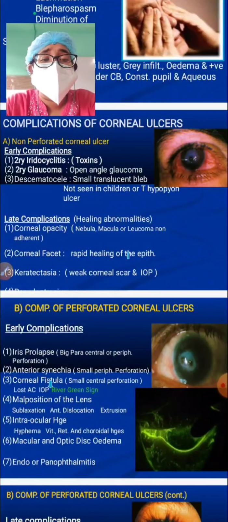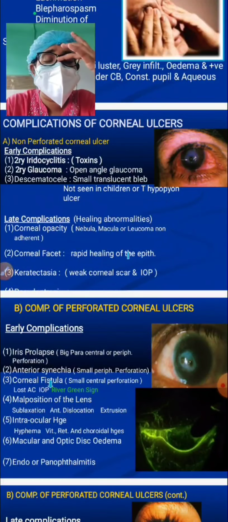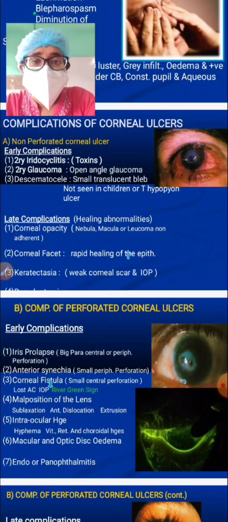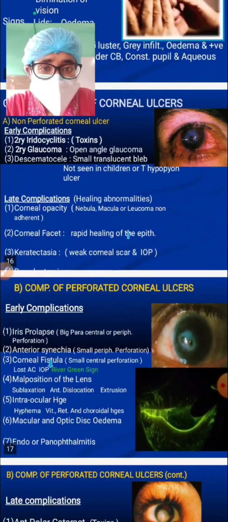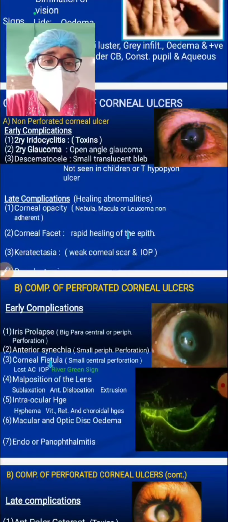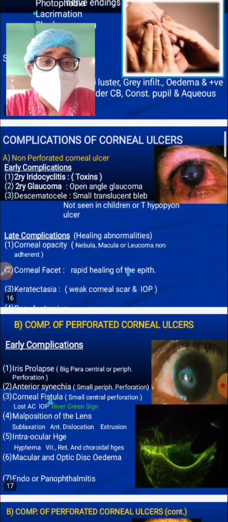How to manage in that case? Maybe I have to go through the management along with these clinical complications, otherwise it will be too late for you to understand. So, what is the management at this stage?